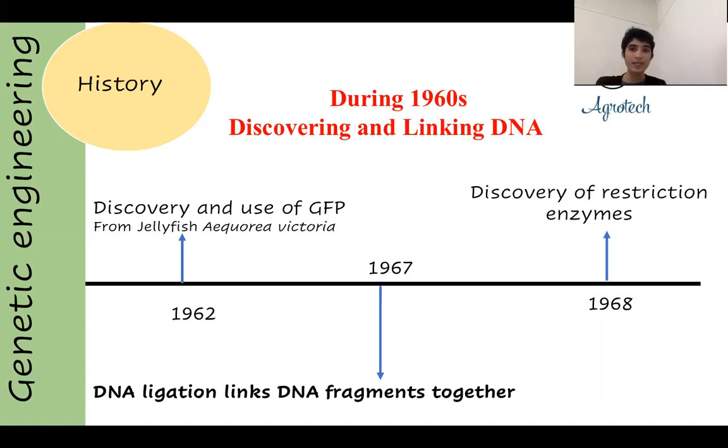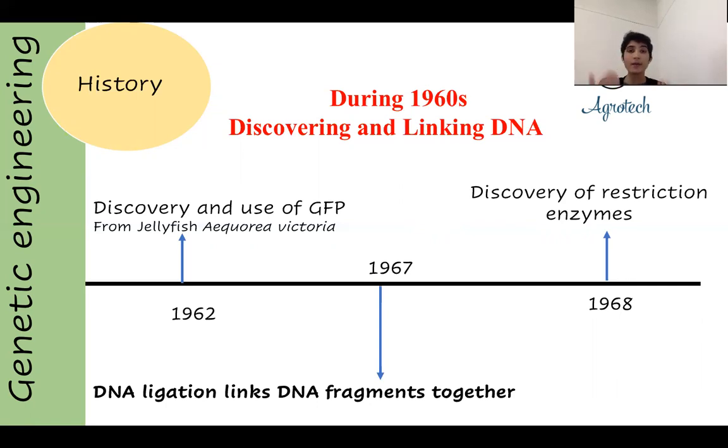It was so interesting, since the 1950s genetic engineering came into the spotlight. But I found that it was since the 1960s that genetic engineering actually came into the spotlight. It started to grow as genetic engineering from the 1960s.